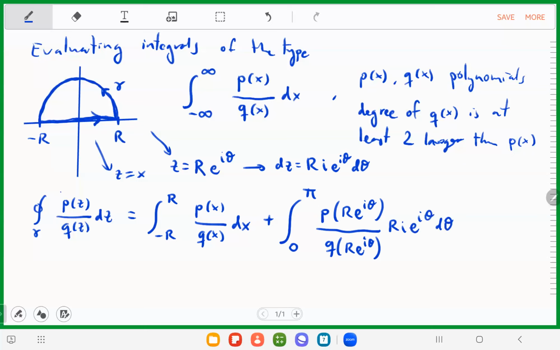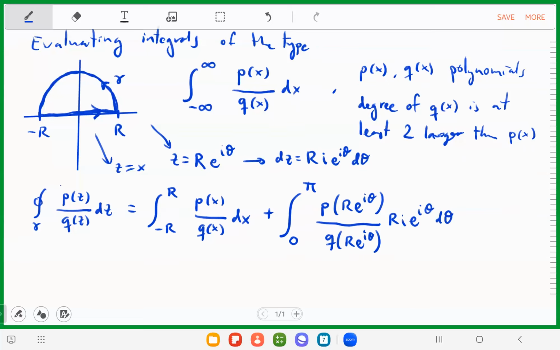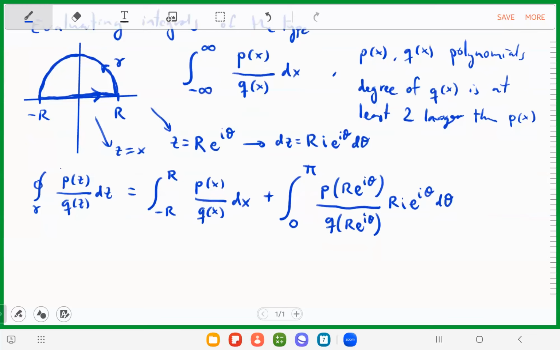What's happening? Okay. So this is, as I said, an example where we separate this contour integral into two line integrals.